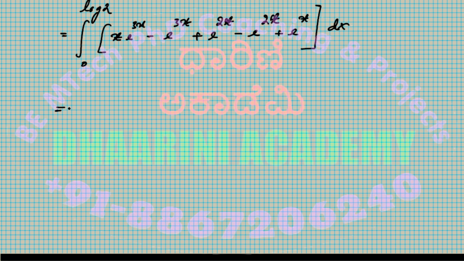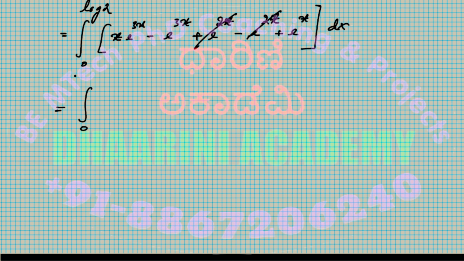So this has to be equal to, can we simplify further? Yes, e to the 2x and minus e to the 2x will cancel. So x e to the 3x minus e to the 3x plus e to the x. Only those are the remaining terms. We'll directly do the integration.